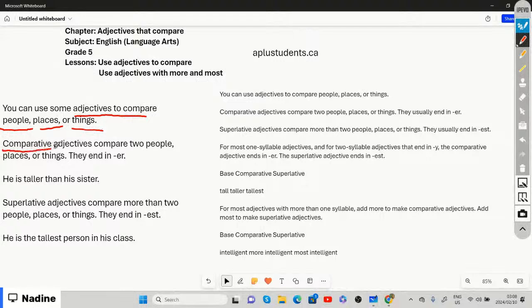A comparative adjective compares two people, or two places, or two things, and it ends in er. And then we have a superlative adjective, right? A superlative adjective compares more than two people, places, or things, and they end in est.